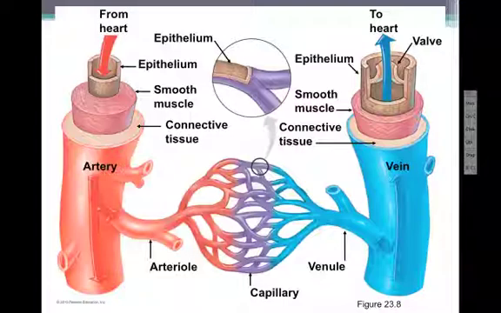That is against gravity. So every time the heart relaxes during its beating process, or diastole, the blood could go back down to the feet if you didn't have these valves preventing that. So when it relaxes during diastole, the valve shuts and the blood will not go back down.